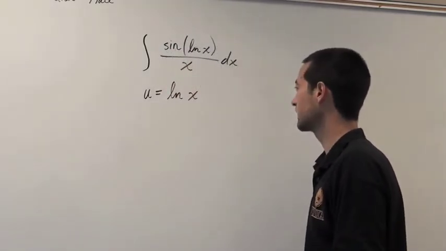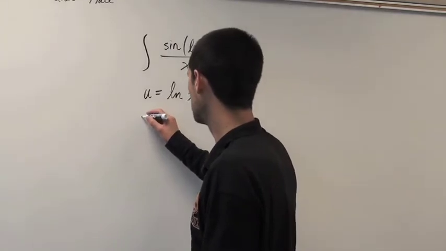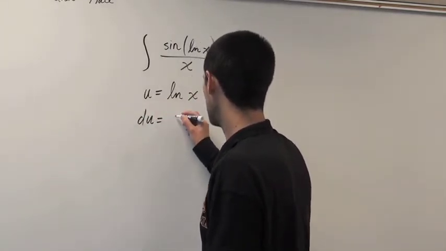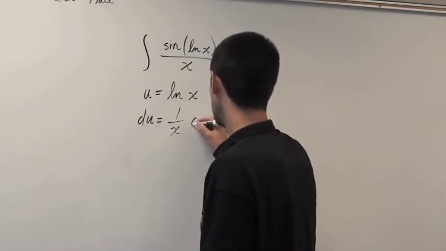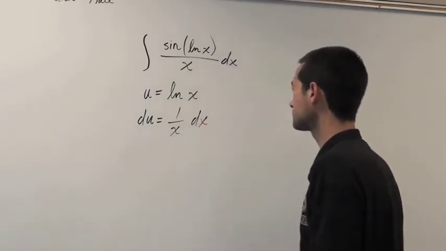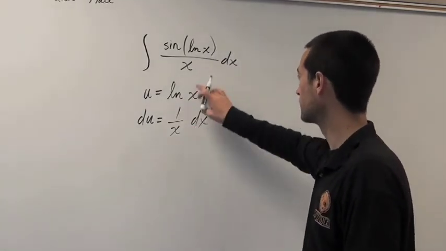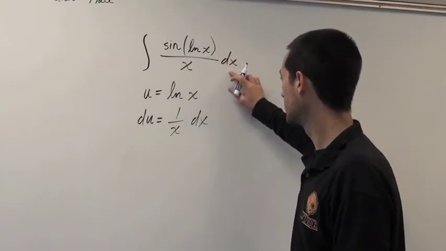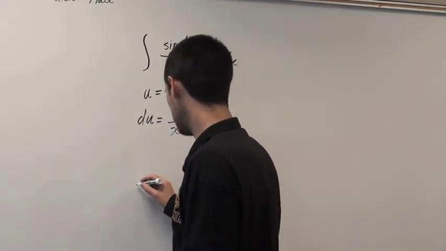So u equals ln of x, then we'll take the derivative of that. So du equals 1 over x times dx. So we have this 1 over x dx in our problem right here. So it turned out to be the right substitution.